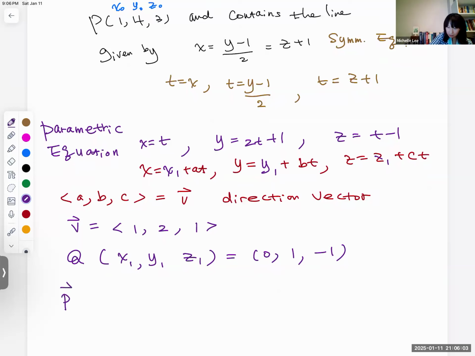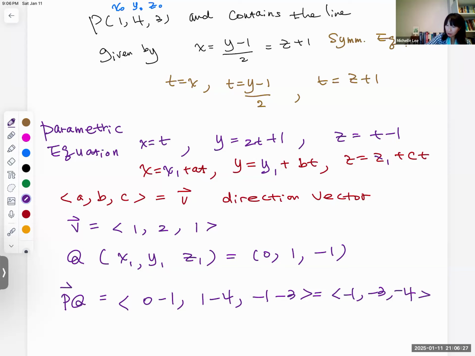PQ will be 0 minus 1, 1 minus 4, negative 1 minus 3, which is negative 1, negative 3, negative 4.